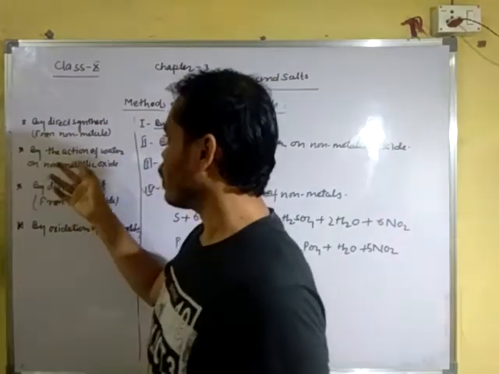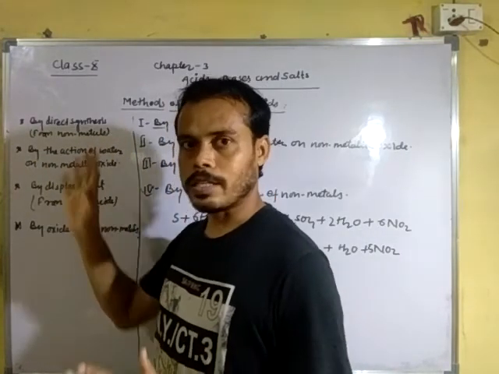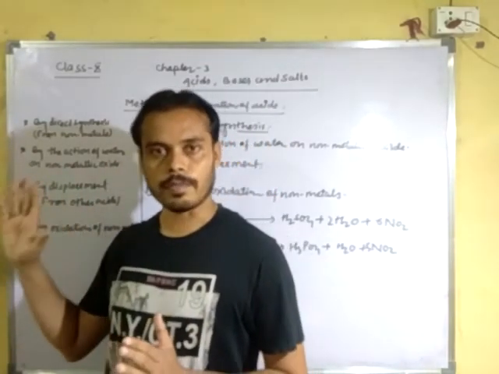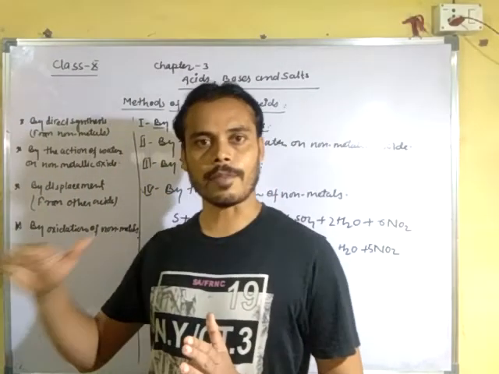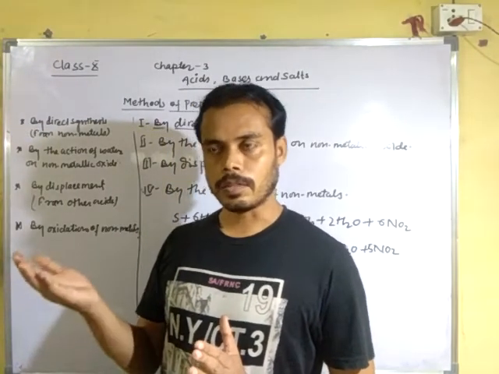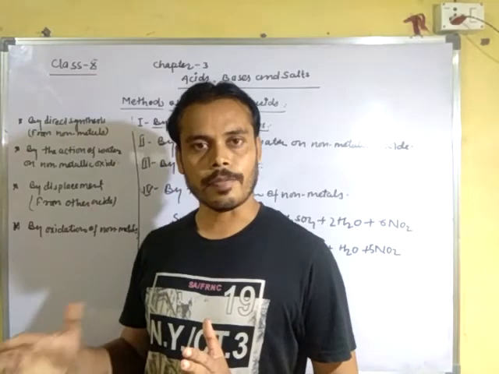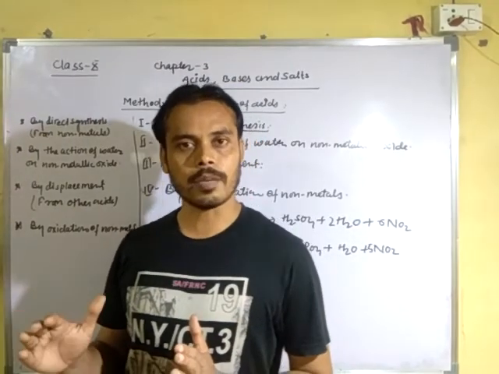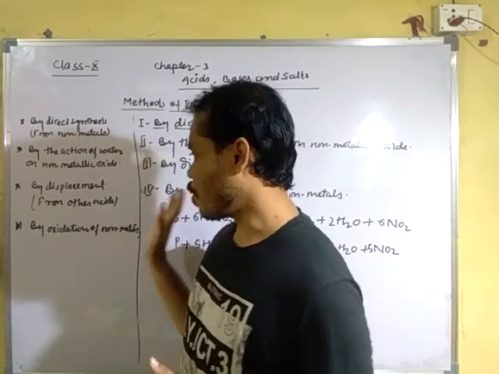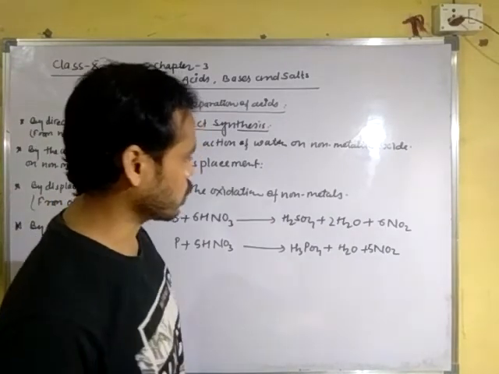By the action of water on non-metallic oxides, when sulfur dioxide is treated with water it forms sulfurous acid, sulfur trioxide forms sulfuric acid, carbon dioxide forms carbonic acid, phosphorus pentoxide forms phosphoric acid, etc. Displacement reaction we have also seen, and the oxidation reaction we treated like this.